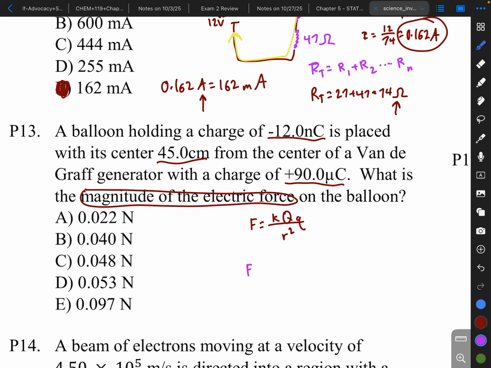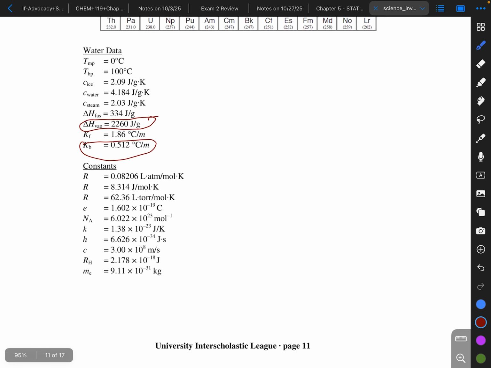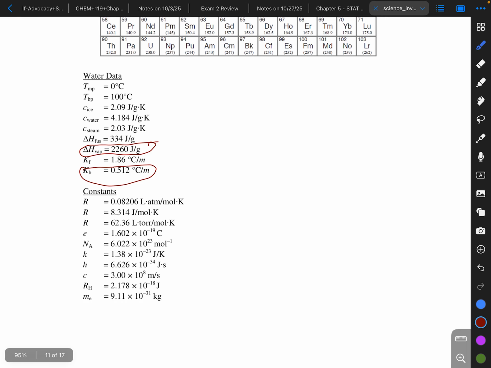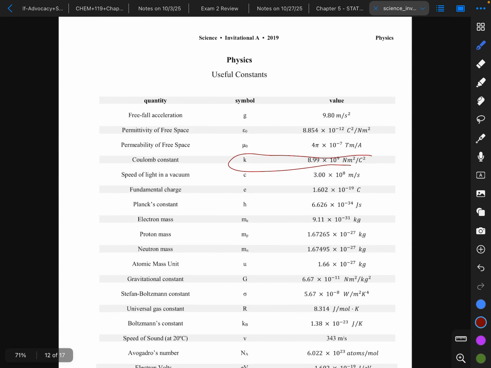Plugging in all these constants, remember you have the constants data sheet underneath in your packet, the physics constants. Coulomb's constant is right here, 8.99 times 10 to the 9th.